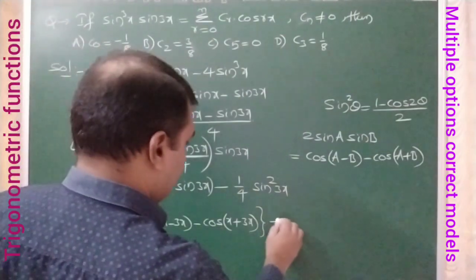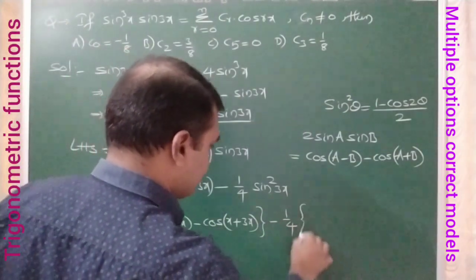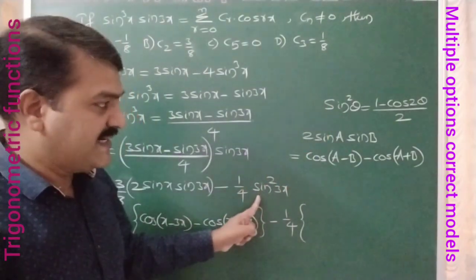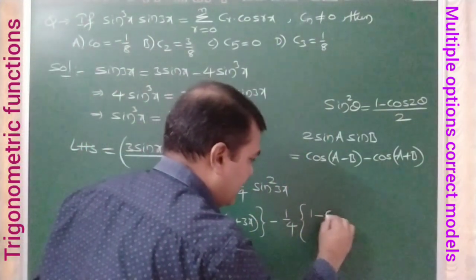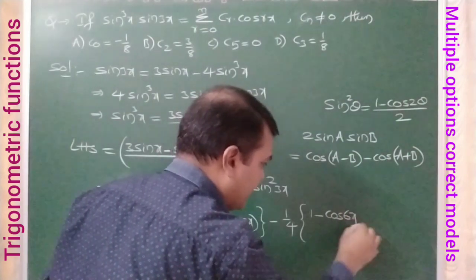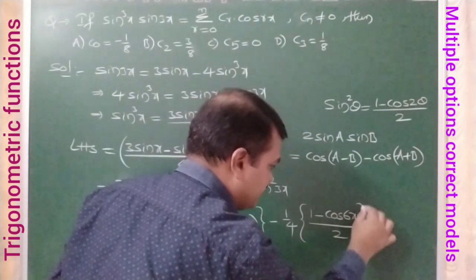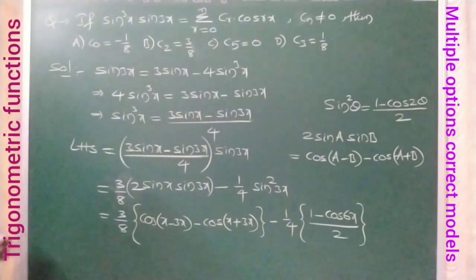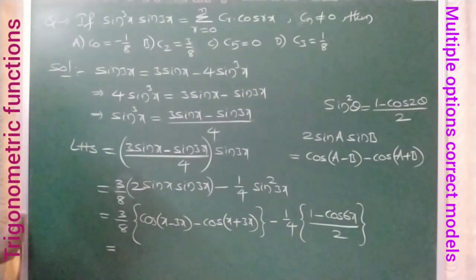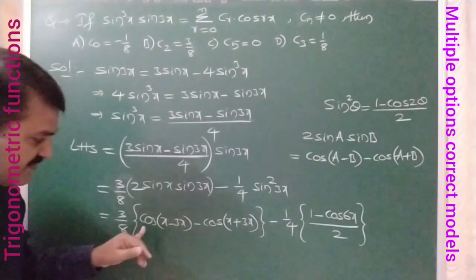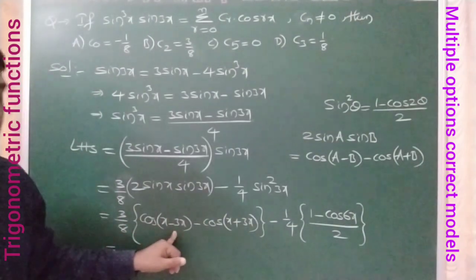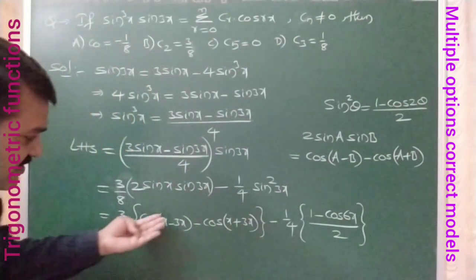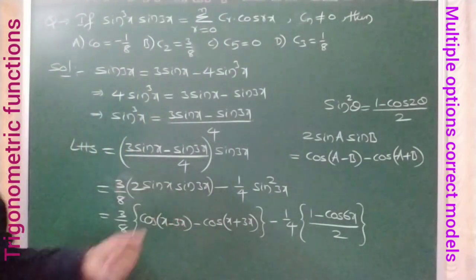And minus 1 by 4, using the formula for sin squared theta, we get (1 minus cos 2 theta) by 2. Okay, so further simplification. Just observe carefully now. We get cos of minus 2x here. We know that cos of minus theta is cos theta only. So cos of minus 2x will be cos 2x only.